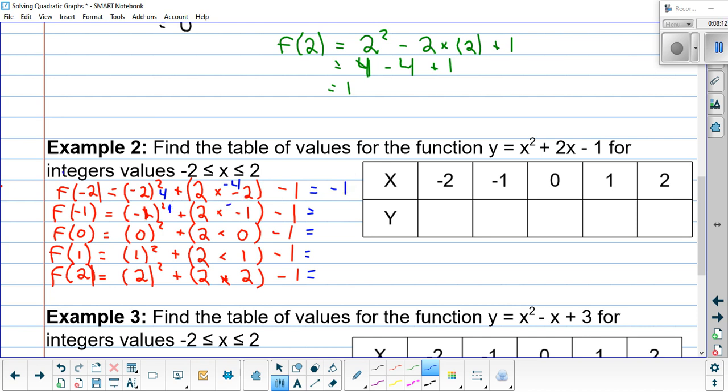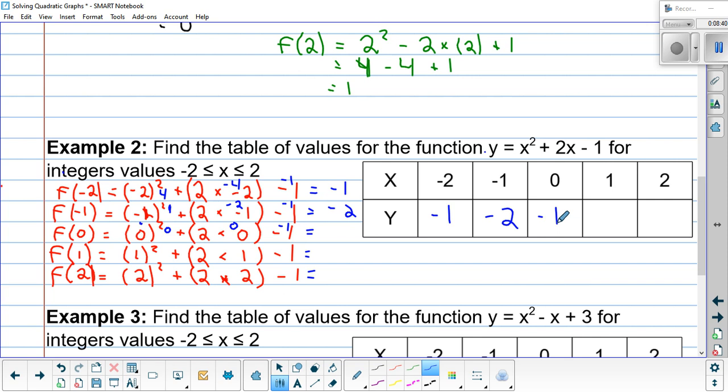This is -2. -1. So here, I have 1 minus 2 is -1. So this is -2. So as I'm doing this, I might as well fill it over here at the same time. Here, 0, 0. So 0, 0, -1. So this should be -1 as well. So it kind of looks like we've already hit our turning point.